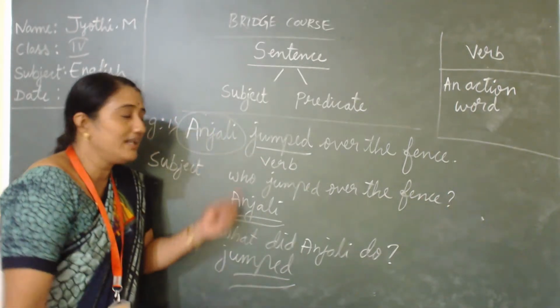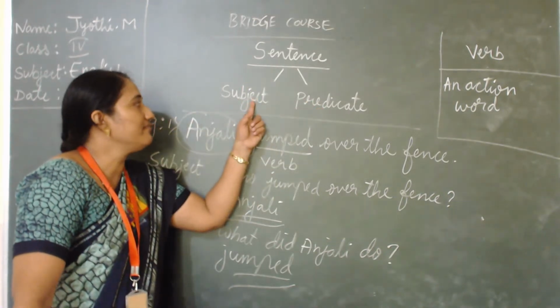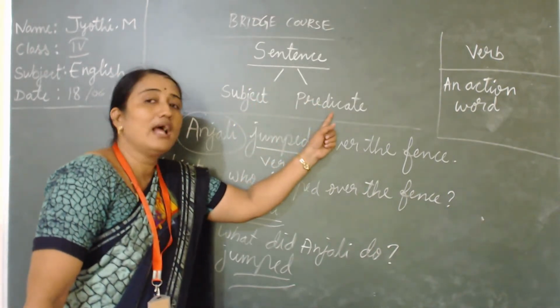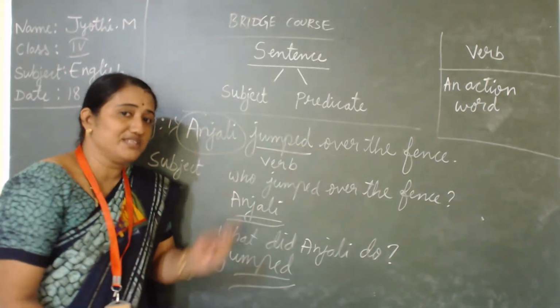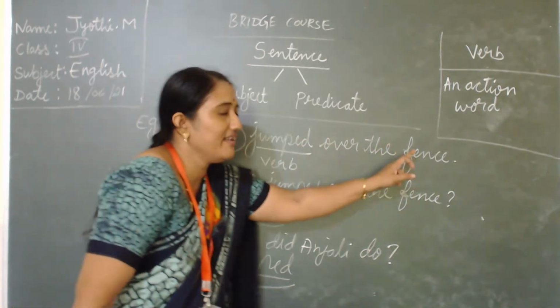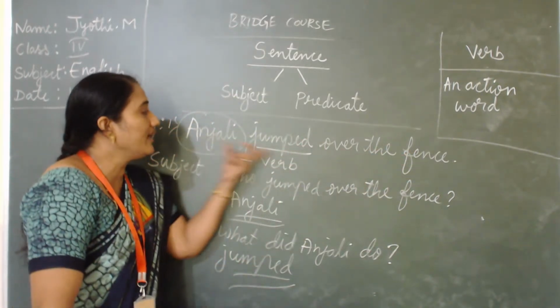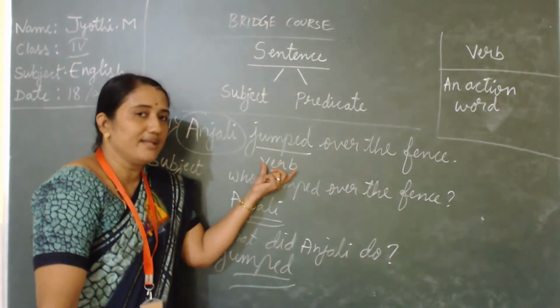Did you all follow, children? In a sentence, there will be two parts. One is the subject and the other one is the predicate. I told you how to find out the subject and the predicate. In this example, Anjali jumped over the fence. First you have to find out the verb in the sentence. The verb is jump in this sentence.